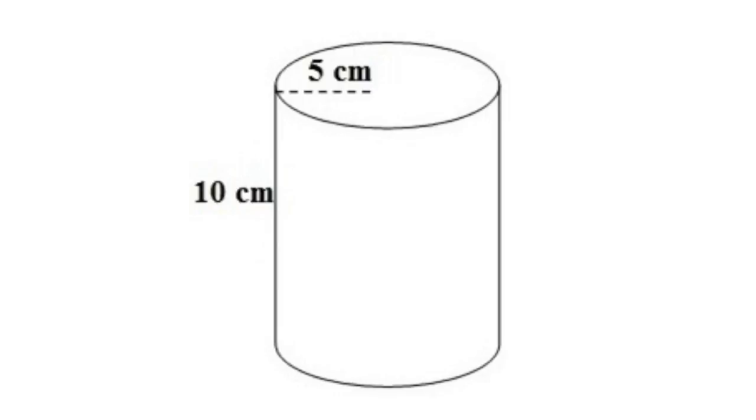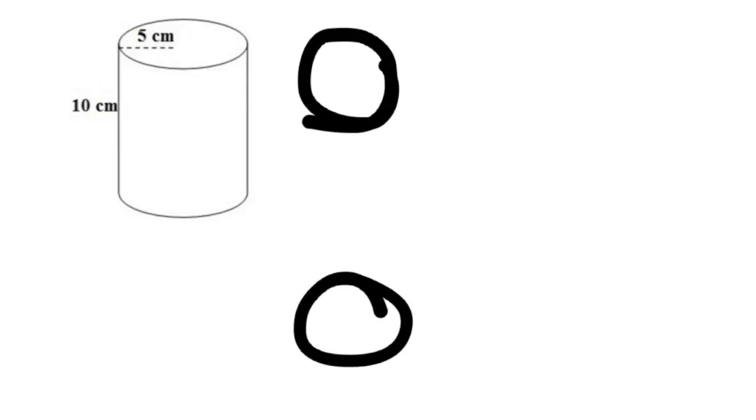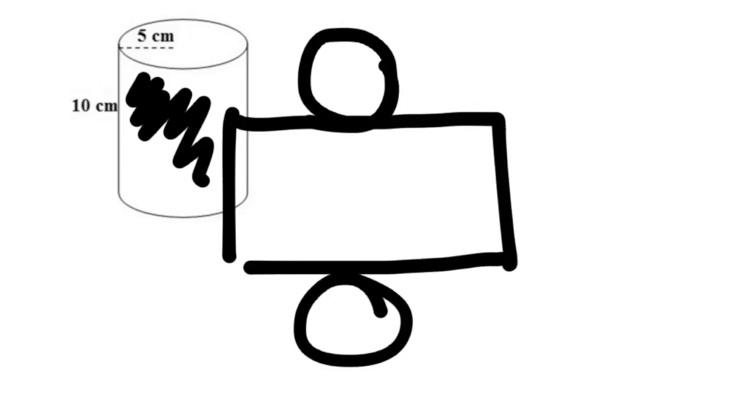Now let's find the surface area of this cylinder. Again, you can start by drawing a net. Obviously, you have two circles. Now, if you take this cylinder and you unwrap it so you can see what that shape would be, it would unwrap and make a rectangle. Let's start by finding the area of the top and bottom circular bases.